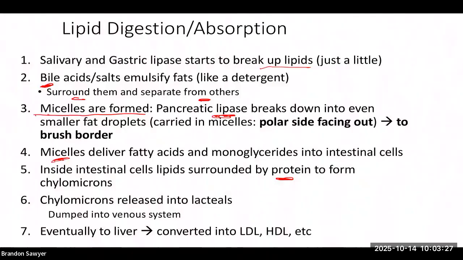Proteins surrounding fats, and the name for this one is chylomicrons. Chylomicrons are a structure that has a bunch of proteins around it, fats on the inside. It's a protective way to carry fat through a water-based medium, so it can still move well.